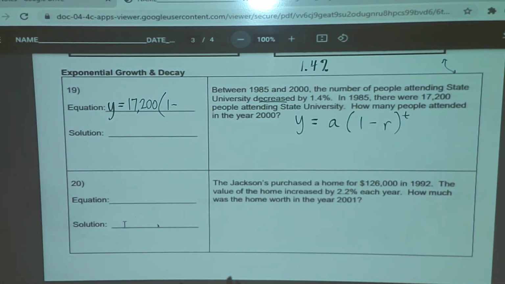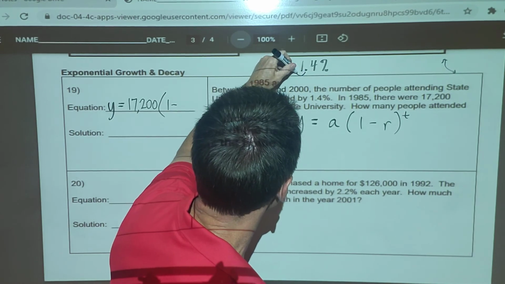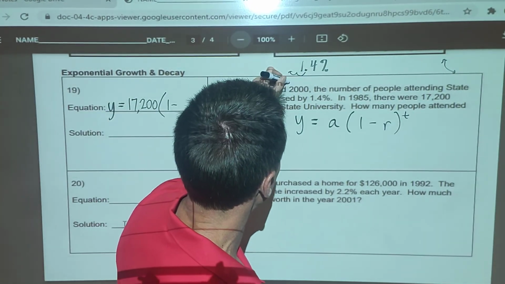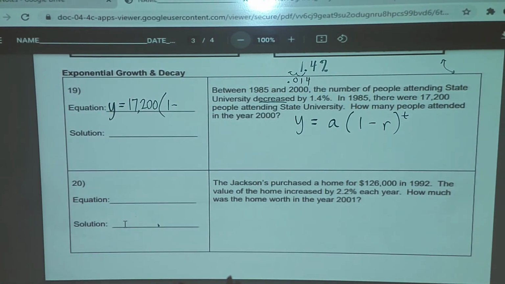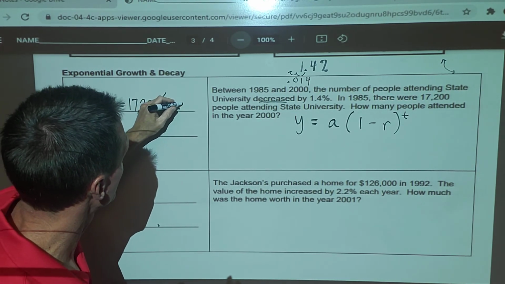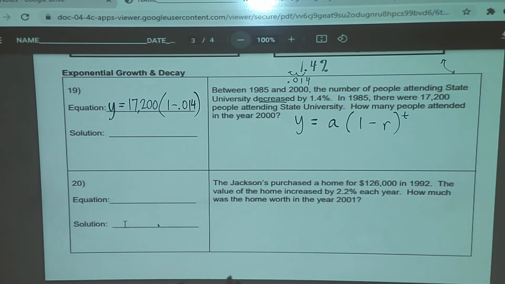The simplest way to do that is to divide by 100. Percent means out of 100. So when you divide by 100, that will move the decimal 2 places back, leaving us with 0.014. So I am subtracting 0.014 from 1. Since it is decay, we're subtracting.